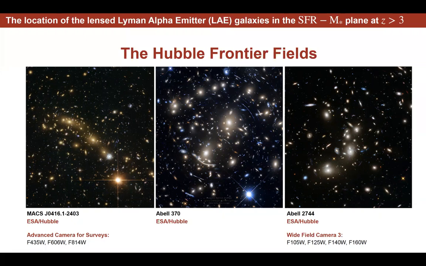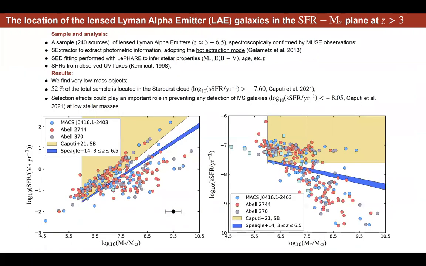We only studied 3 out of 6 galaxy clusters observed by the Hubble Frontier Fields program: MACS J0416, Abell 370, and Abell 2744. We had photometric information in 7 different bands, from the ACS camera and Wide Field Camera 3 up to 1.6 micron. Basically, we studied a sample of lensed Lyman alpha emitter galaxies at redshift between 2.8 and 6.5.